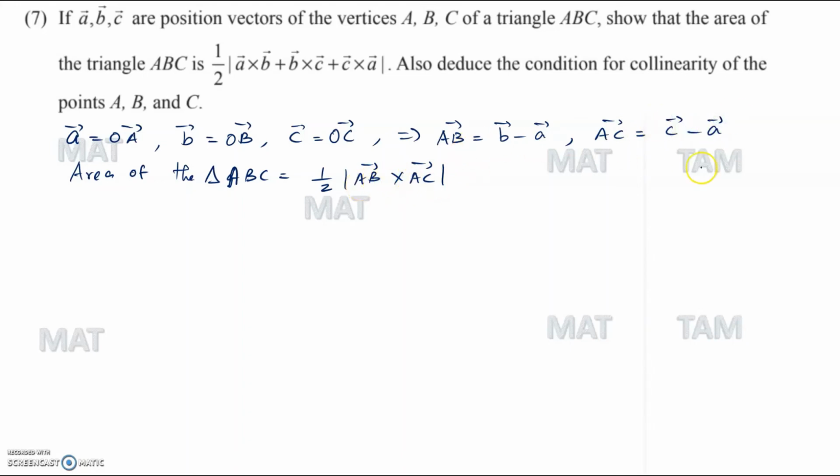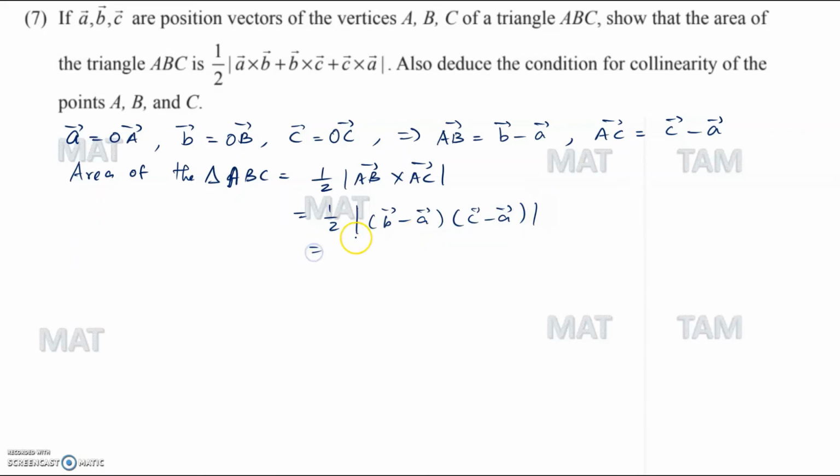So substituting those values into the formula for the area of the triangle, half of, so your AB vector is B vector minus A vector, and your AC vector is C minus A vector.